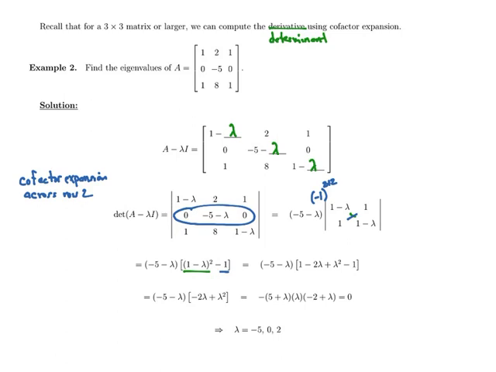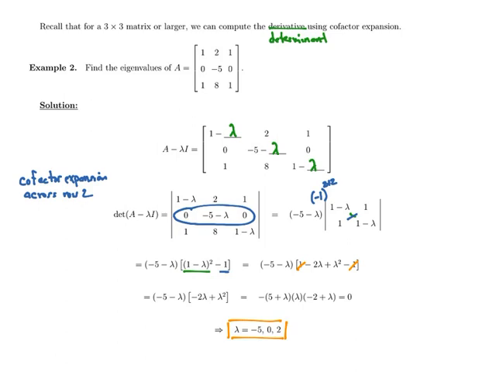The 1's cancel out, and I'm left with negative 5 minus lambda on the outside, negative 2 lambda plus lambda squared. And I can factor that by bringing a lambda out, and I can bring a negative out of the negative 5 minus lambda. Negative 5 plus lambda, lambda, negative 2 plus lambda equals 0, which gives me my 3 eigenvalues, negative 5, 0, and 2.